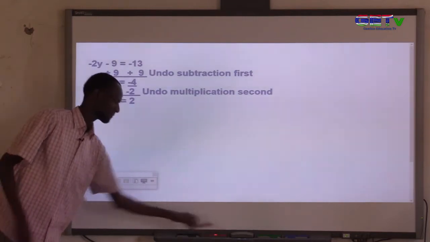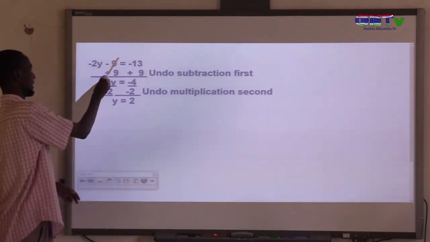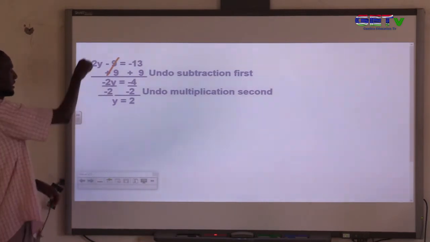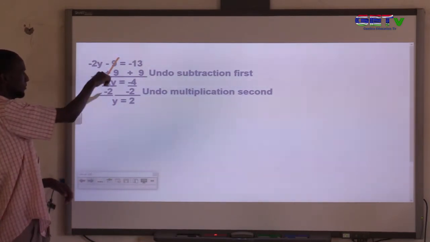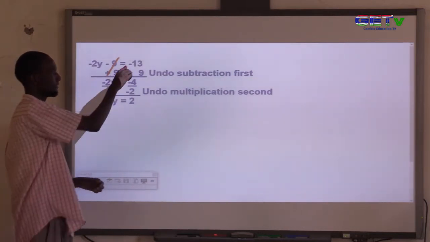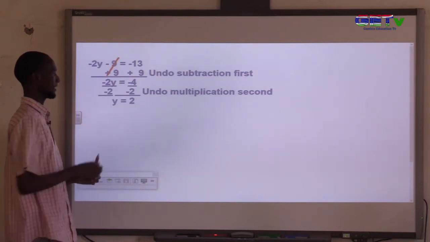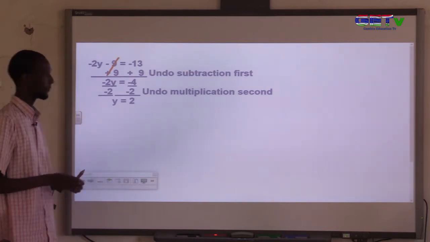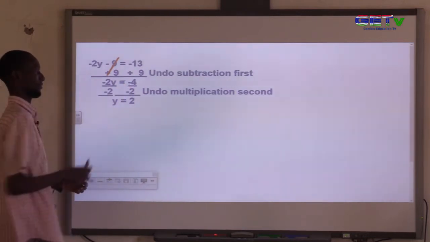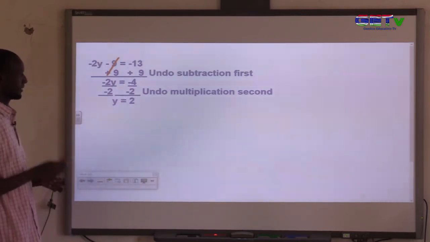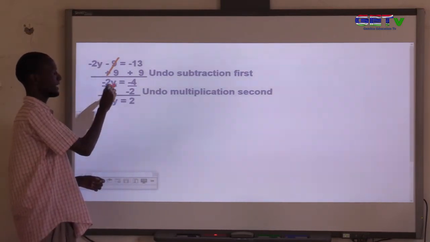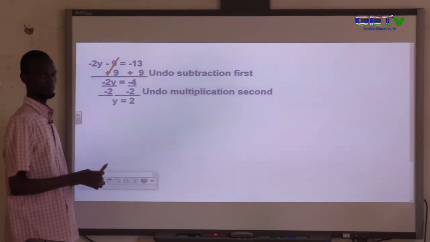That way, the 9's will cancel each other out, because negative 9 plus 9 will amount to 0. But the negative 2y is still there, so you bring down the negative 2y. And then, negative 13 plus 9, if you apply your integers knowledge, that should lead you to negative 4. Then now you are left with negative 2y is equal to negative 4.